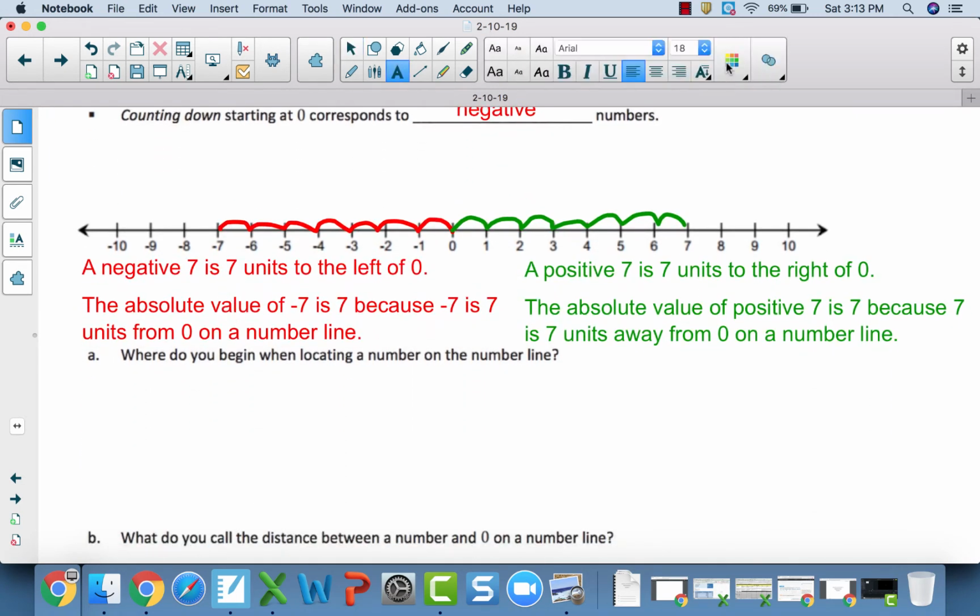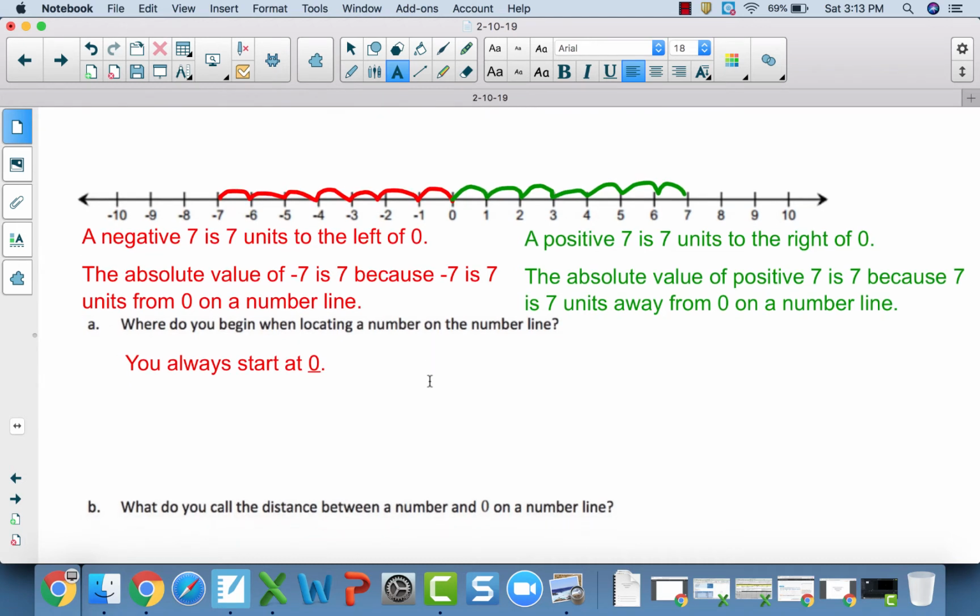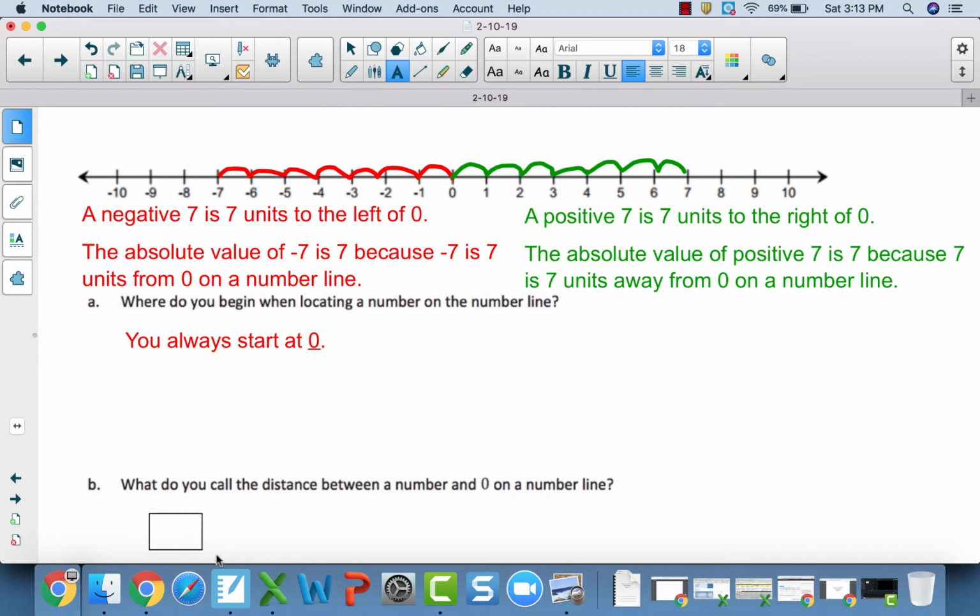Where do you begin when you are locating numbers on the number line? You always start at 0. Zero is that starting point, as you saw with our examples with 3 and -3, and 7 and -7. What do you call the distance between a number and 0 on the number line? Absolute value.